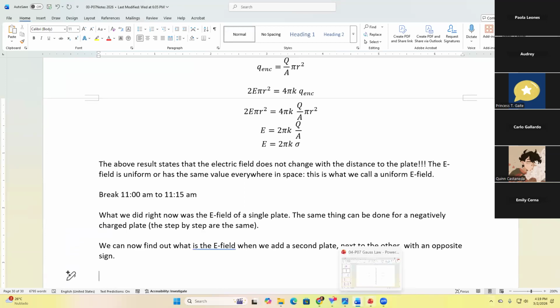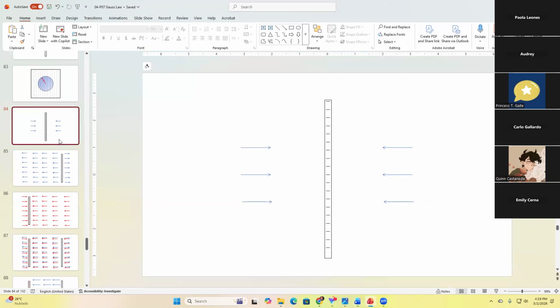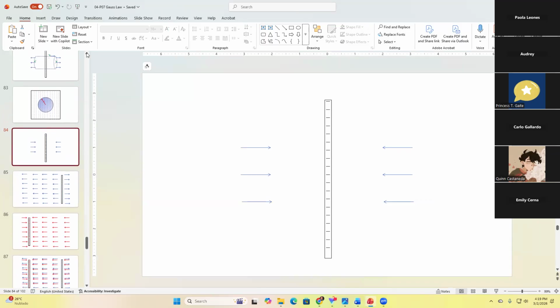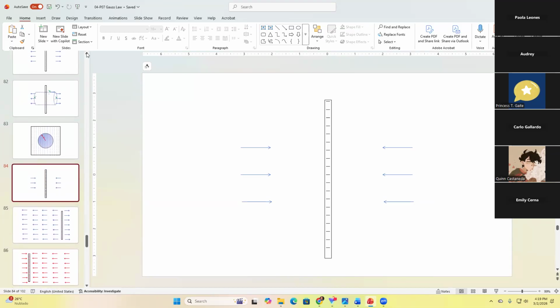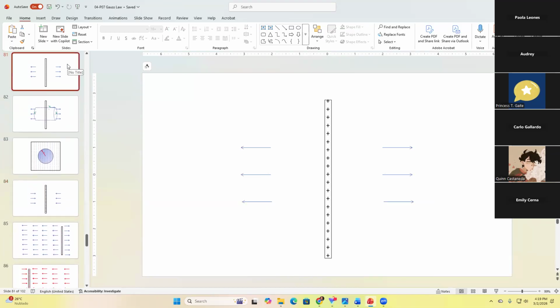And I can illustrate that here. Remember, positive plate, and here you go. That's the positive plate, right? Field away. That's the negative plate. Field towards.